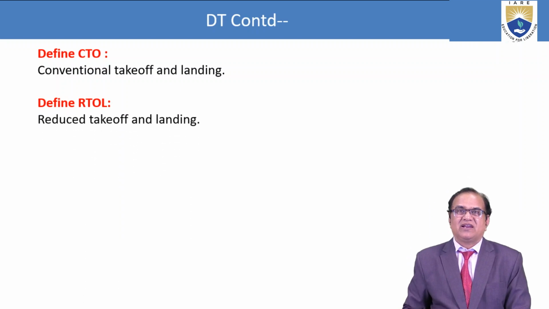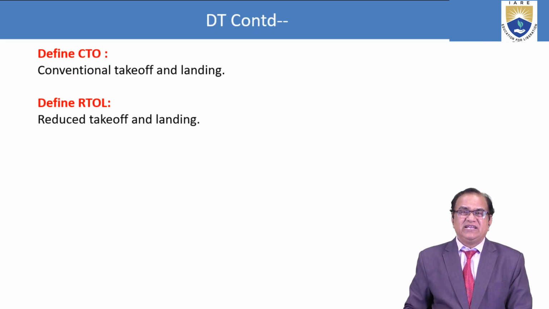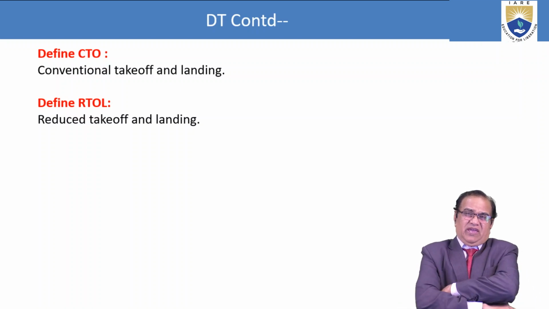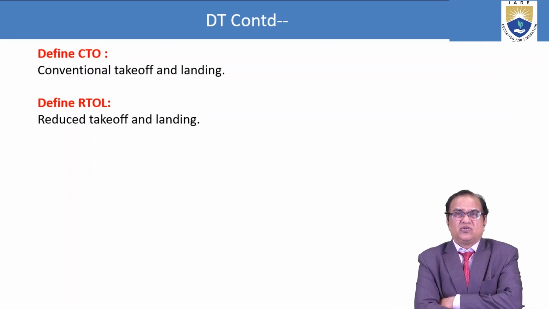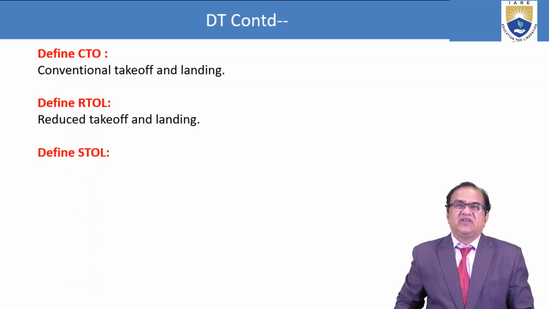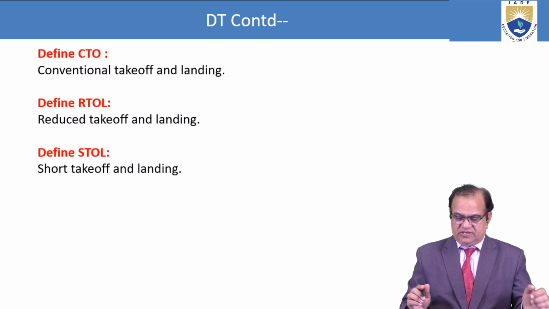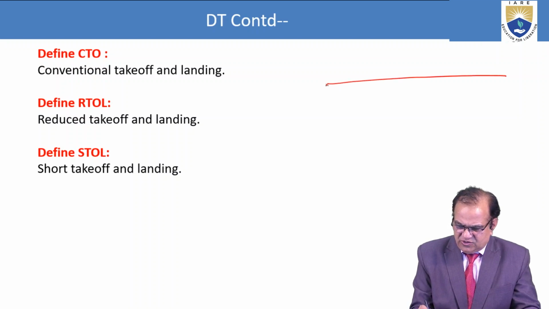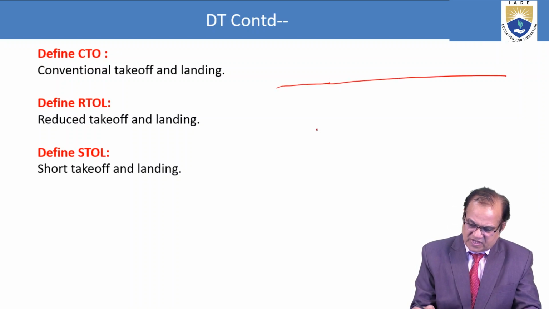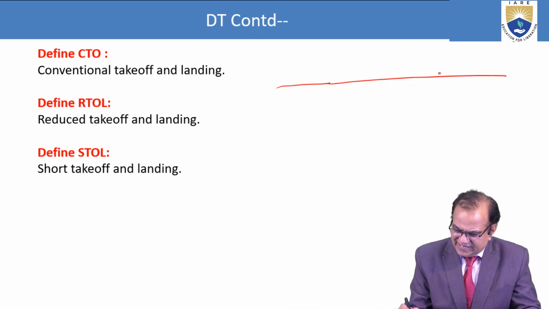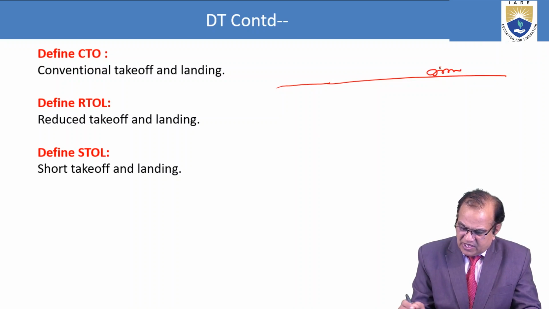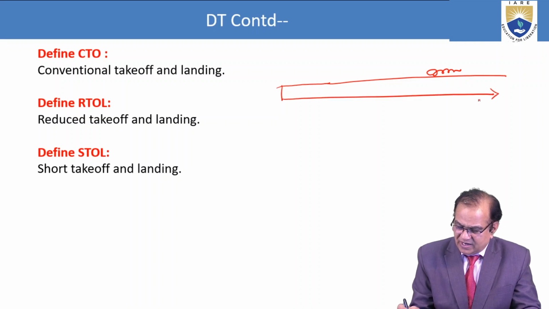Define RTOL, reduced takeoff and landing. So in case of some emergency, the aircraft has to reduce takeoff and the landing distance. Define STOL, short takeoff and the landing. So if this is your runway and there is some disturbance here, actually you need up to here, but you have to make some arrangement so that your aircraft is taking off here itself.